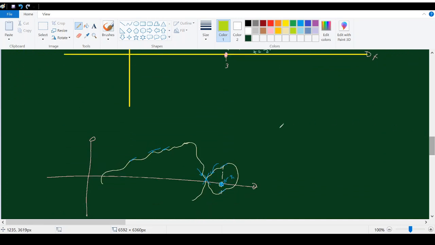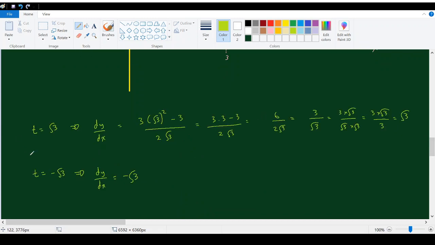So basically, when you compute the derivatives, you can see that the derivative of y with respect to x at t equals root 3 will be equal to root 3, and by doing a similar calculation at negative root 3, you will get the derivative to be equal to negative root 3.